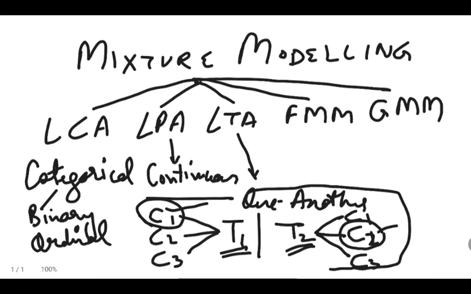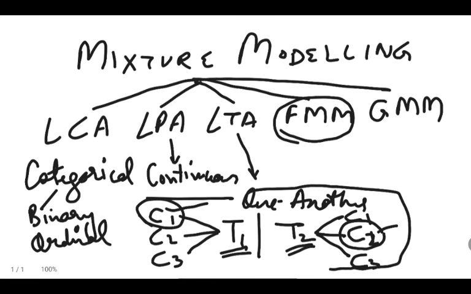In factor mixture modeling, there are continuous latent factors within each hidden categorical latent class. So within each latent class, what are the continuous latent factors? So it combines continuous as well as categorical variables and is known as factor mixture modeling.